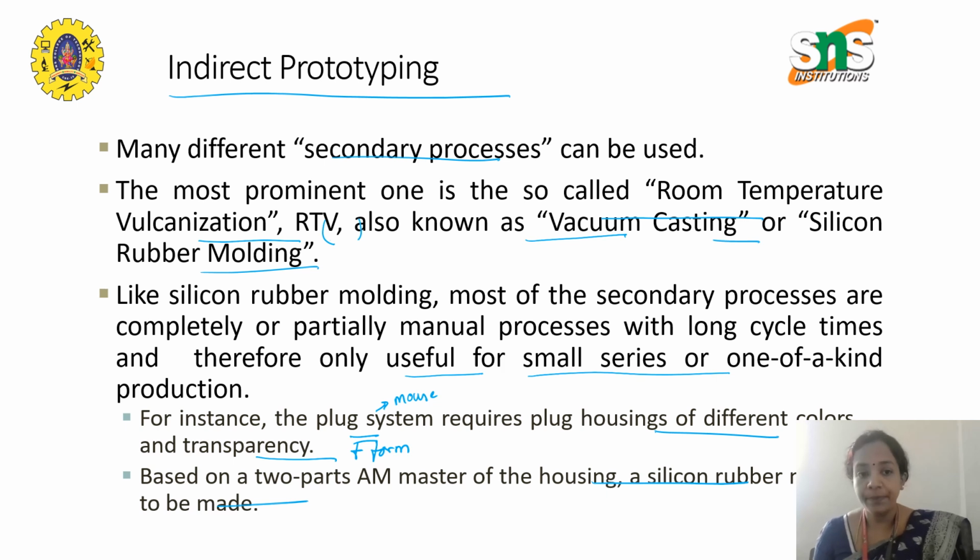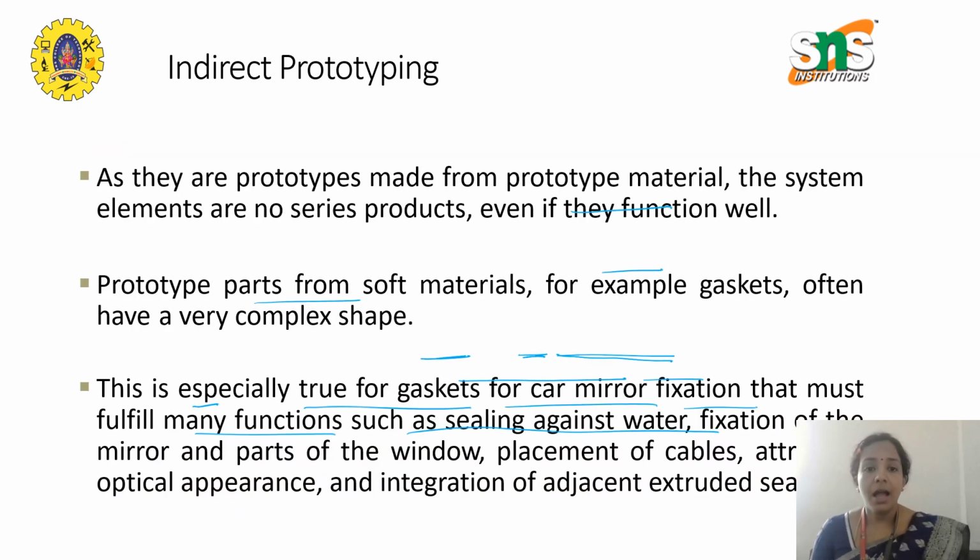slippers or the shoes. Like silicon rubber molding, most of the secondary processes are completely or partially done using manual processes with long cycle times, and are therefore only useful for small series or a number of different types of production. As they are prototypes made from prototype material, the system elements are not series products, even if they function well.